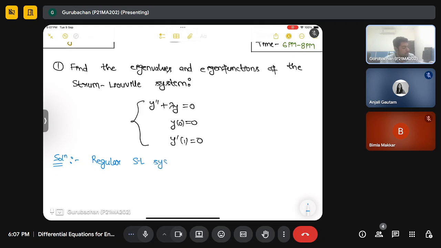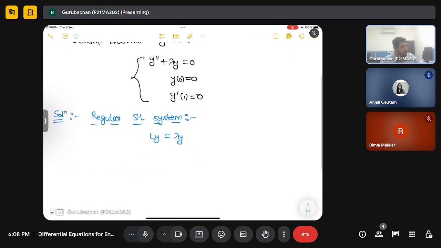Regular is defined in the following way: Ly equal to lambda y, where L is minus 1 by the weight function, times d over dx of p(x) d by dx, plus q(x).